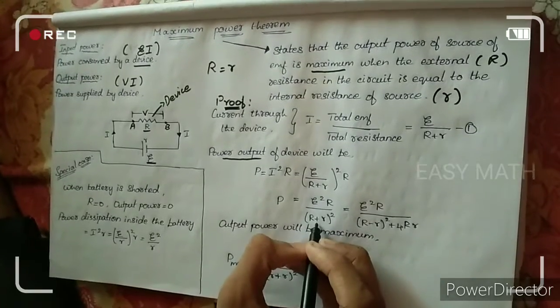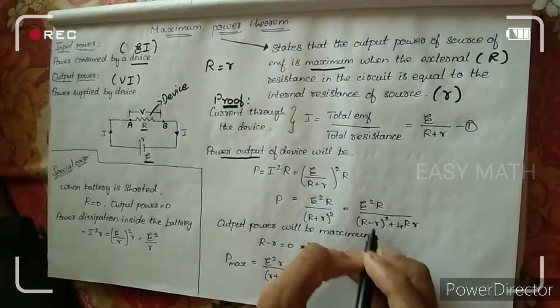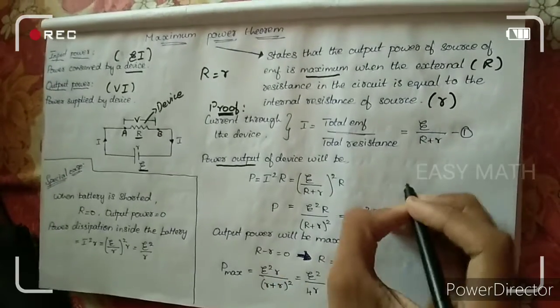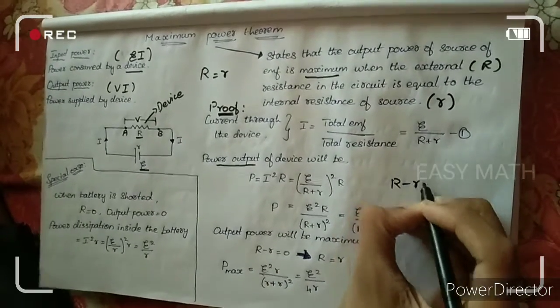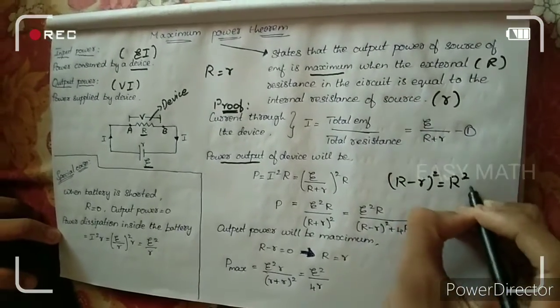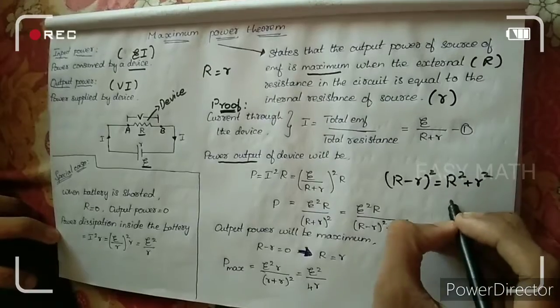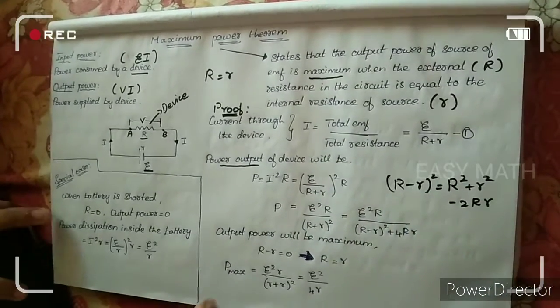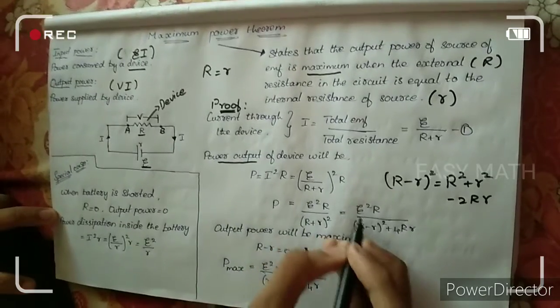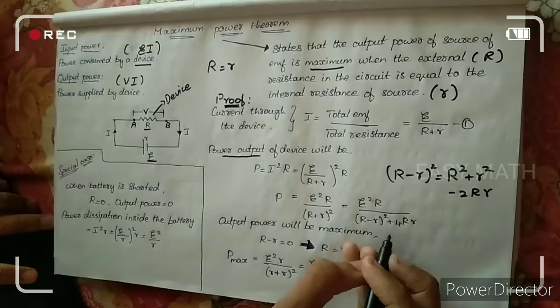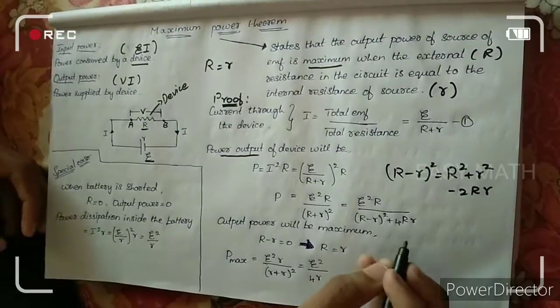We can write the denominator as capital R minus small r the whole square plus 4Rr, because A minus B the whole square is equal to A square plus B square minus 2AB, which is equal to EMF square R by R minus r the whole square plus 4 capital R into small r.